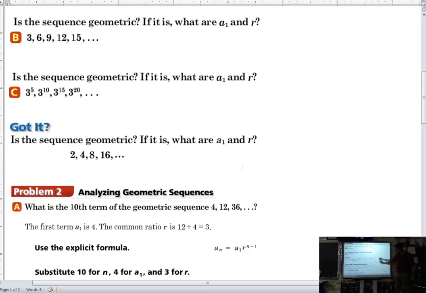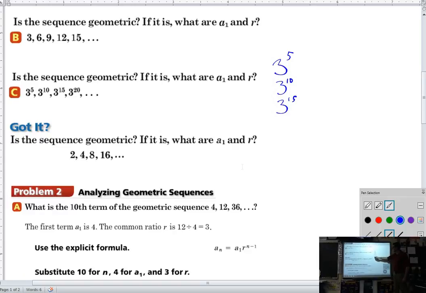So actually, I'm trying to decide how to ask this question. So we have 3 to the 5th, 3 to the 10th, 3 to the 15th, 3 to the 20th. It's multiplying, but yeah, this one's weird, right?